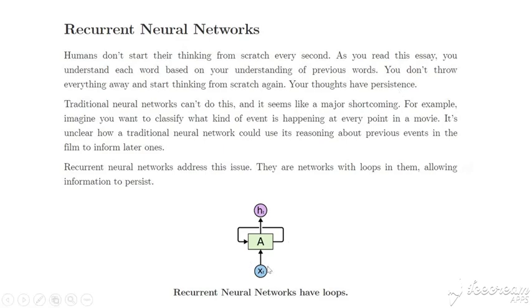So xt is your input in this diagram, which is given to your layer of a neural network, and for a normal neural network it outputs a hypothesis ht, but for a recurrent neural network it outputs a hypothesis ht as well as gives a feedback to the next layer.